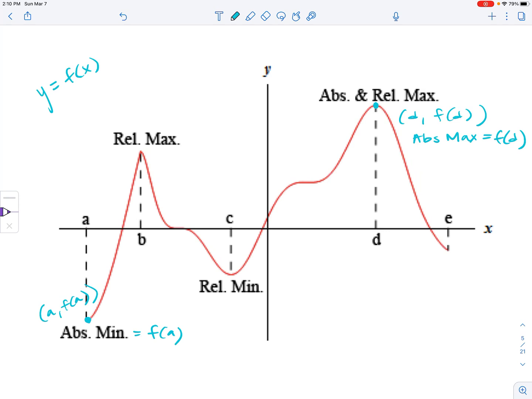Okay, now relative extrema, which we talked about in 3.4, relative maximums occur wherever the graph changes from increasing to decreasing.